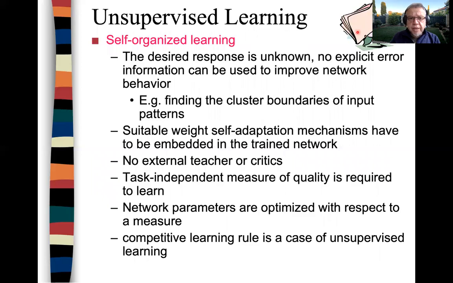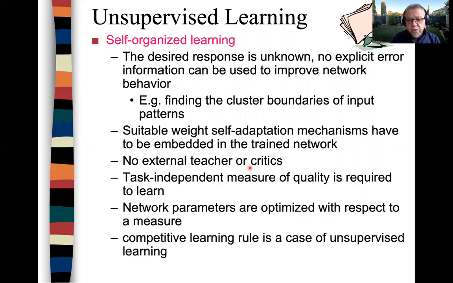The self-organizing learning: the desired response is unknown. You don't have explicit error information which can be used to improve your network behavior. Suitable weight self-adaptation mechanisms have to be embedded in the training network. So the system learns by itself.